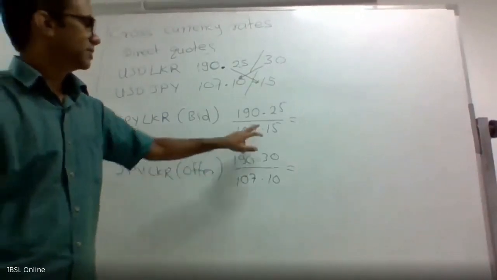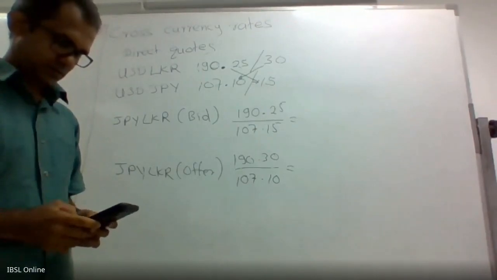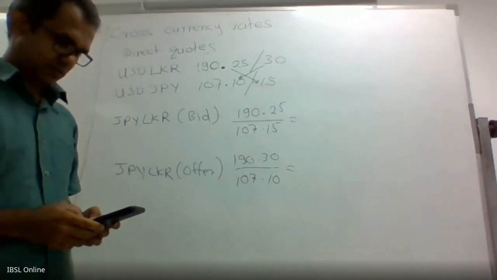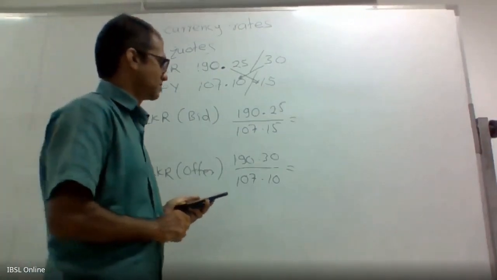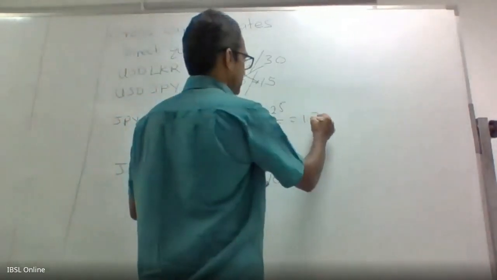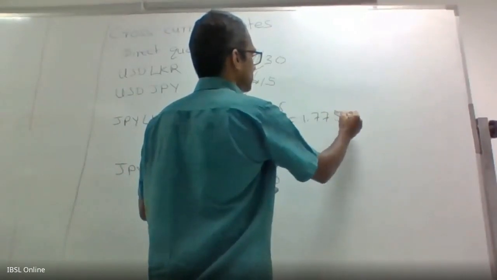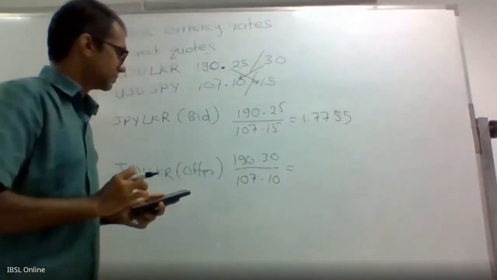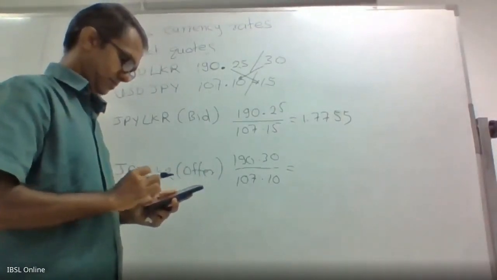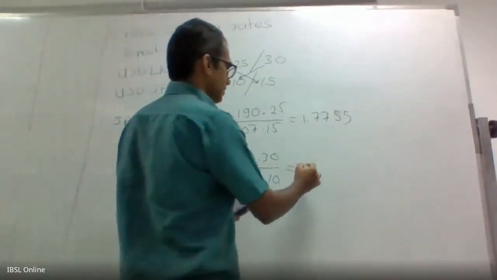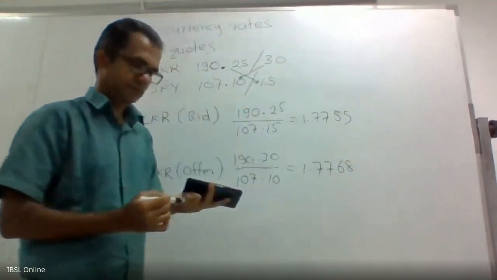Now you can see this figure: 1.7755 and 1.7768.